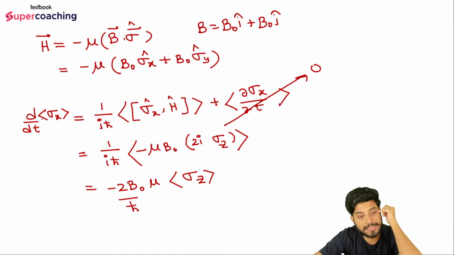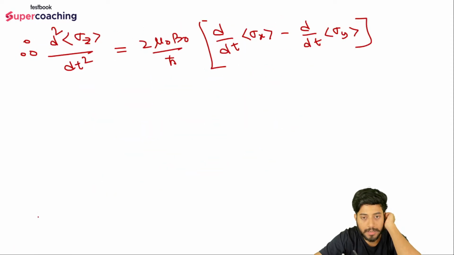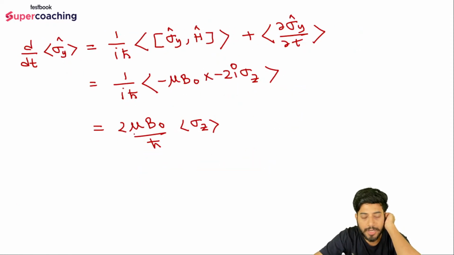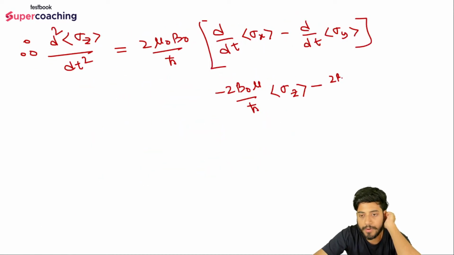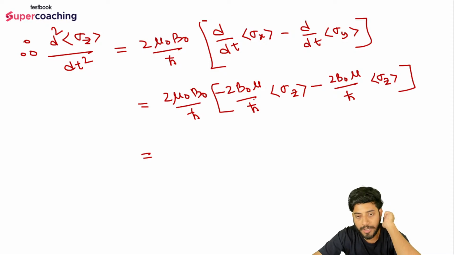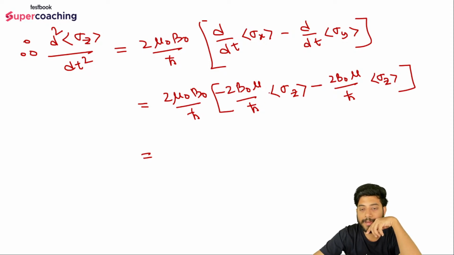Good. Now d/dt of the sigma x expectation is what? Minus 2 B naught mu by h cross times the expectation of sigma z. And minus d/dt of the sigma y expectation means plus 2 B naught mu by h cross times the expectation of sigma z. So you see 2 B naught mu by h cross I can take in common.